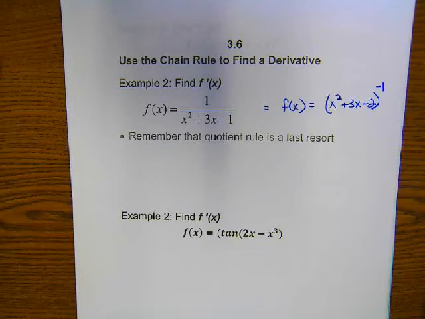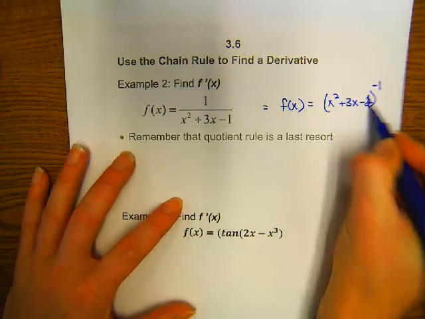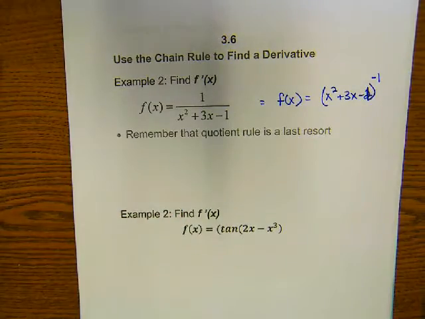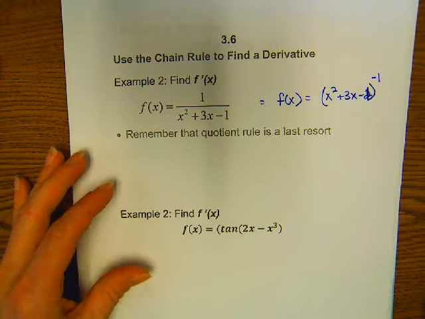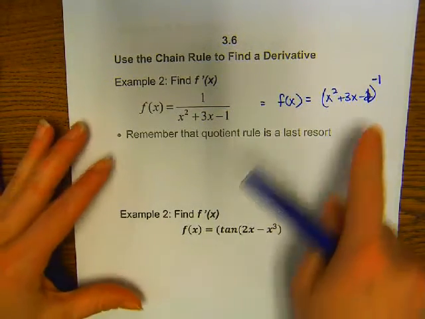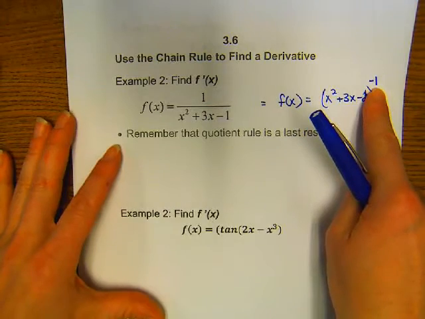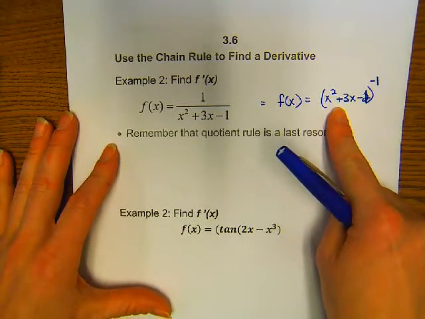Yeah, -1. Well, that would screw up the whole thing. All right, what's the outer thing then? Yep, the outer function is the power function, the -1. The inner function is x squared plus 3x.